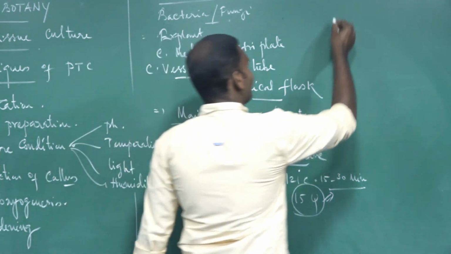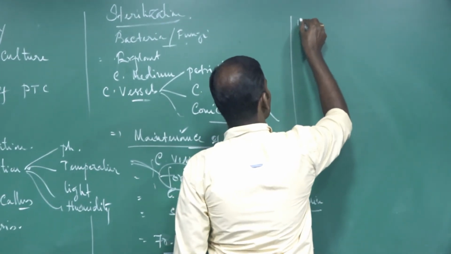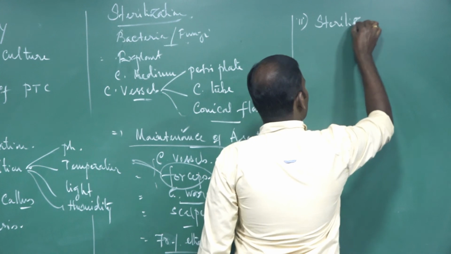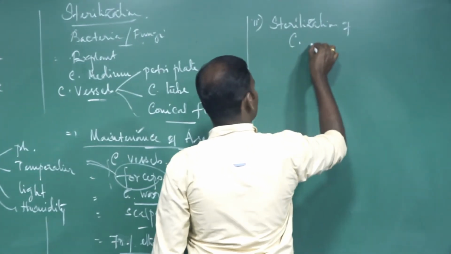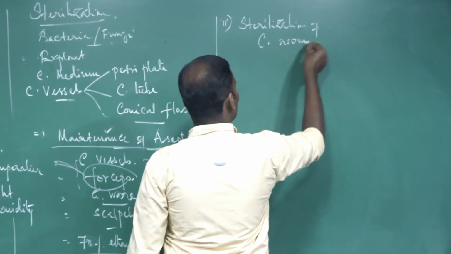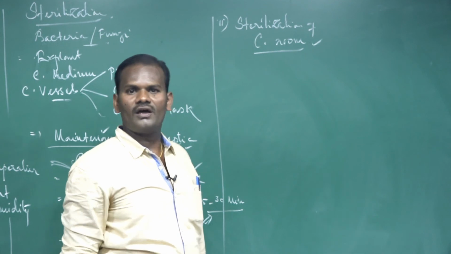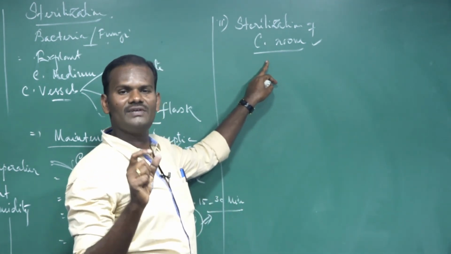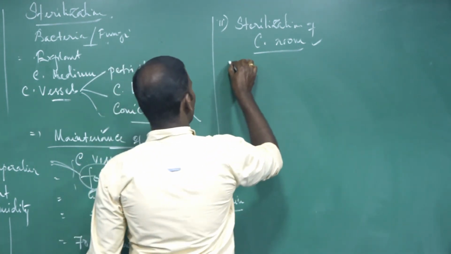Then second, sterilization of the culture room. How to sterilize the culture room? The floor and also the wall of the culture room should first be washed with detergent, followed by 2% sodium hypochlorite.